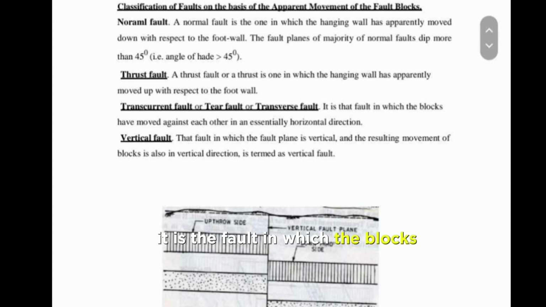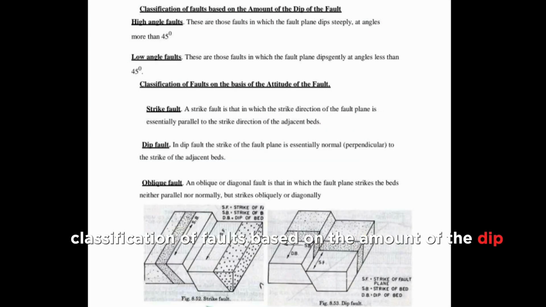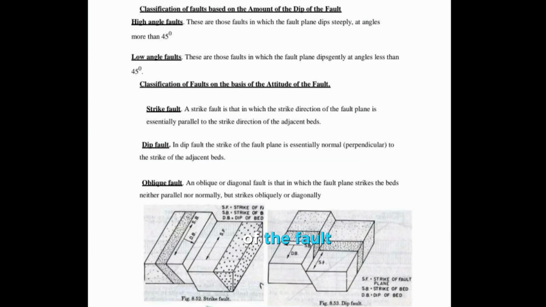Transcurrent fault or tear fault or transverse fault: it is that fault in which the blocks have moved against each other in an essentially horizontal direction. That fault in which the fault plane is vertical and the resulting movement of blocks is also in a vertical direction is termed as vertical fault. Classification of faults based on the amount of the dip of the fault.